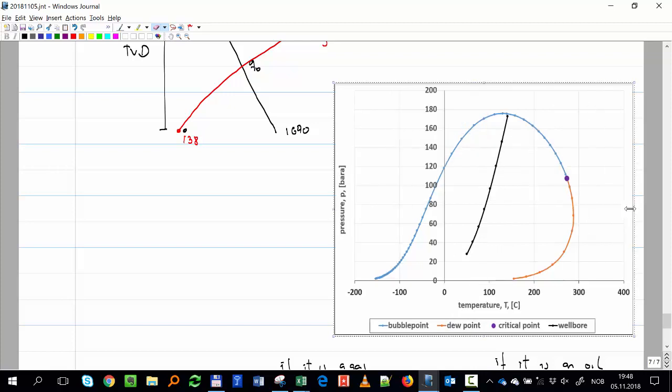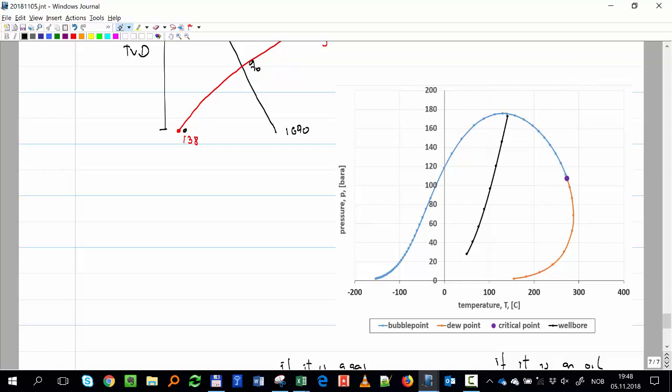So what do you think is here, the bottom hole pressure and the wellhead pressure? Where are we on the black line? That's the phase envelope of the fluid. This is, as it says there, the bubble point. This is the dew point.